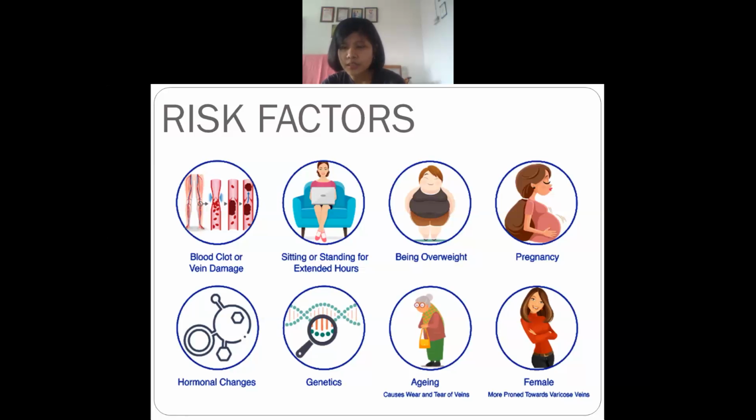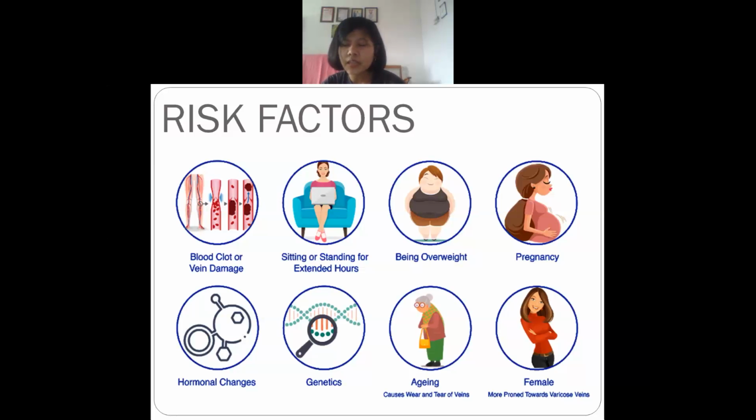Next is hormonal changes. Because of some hormonal changes within the body, the person can be at risk of having this varicose vein. Next is genetics. If close relatives, father, mother, or anyone, have it, the person is at risk.